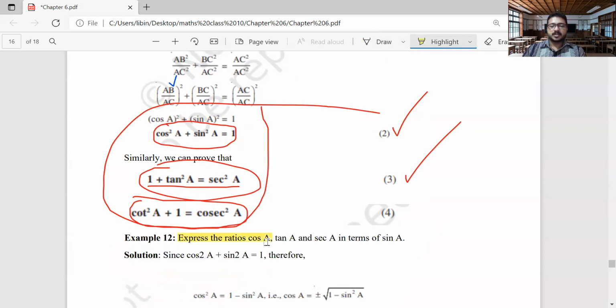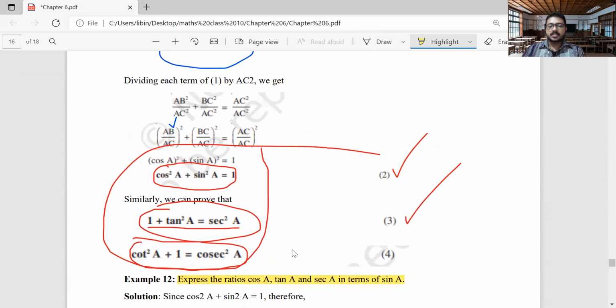Express the ratios cos A, tan A, and sec A in terms of sin A. We are asked to express cos A, tan A, and sec A in terms of sin A. So using our trigonometric identity, cos squared A plus sin squared A is equal to 1, that is clear.